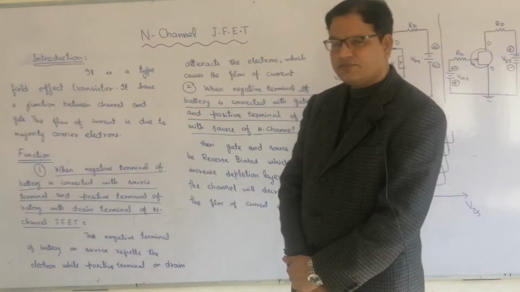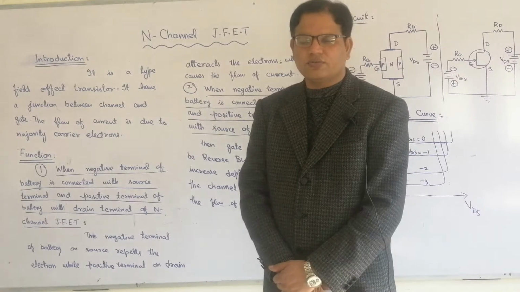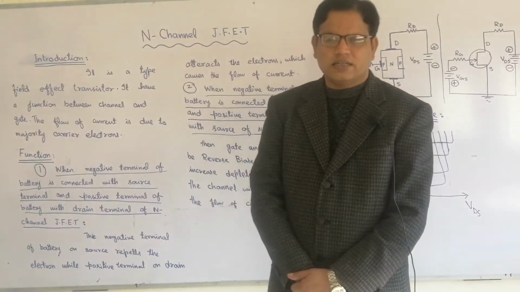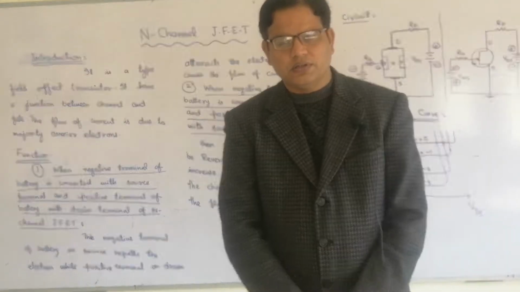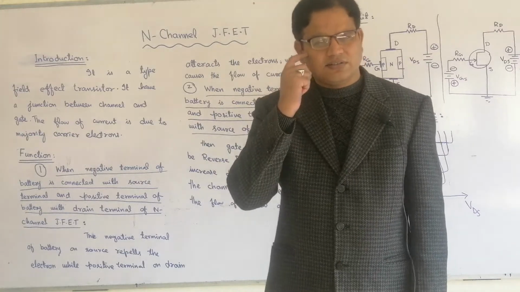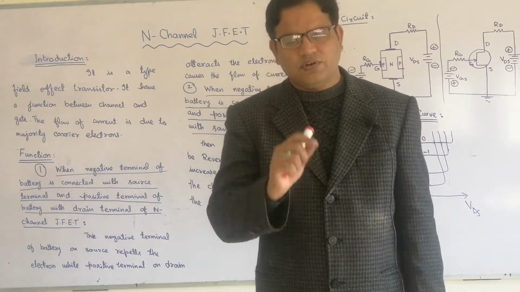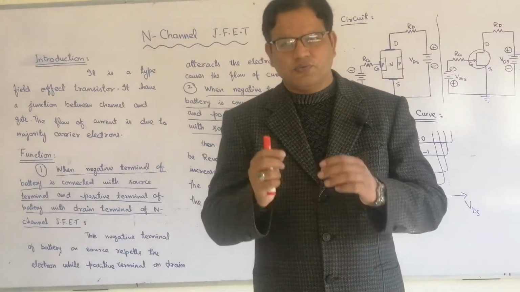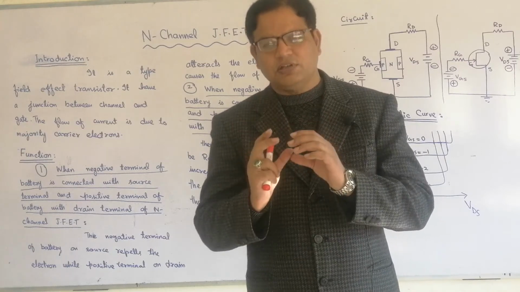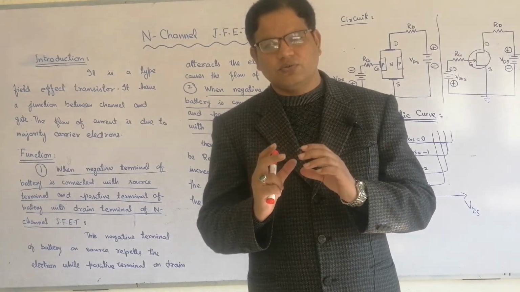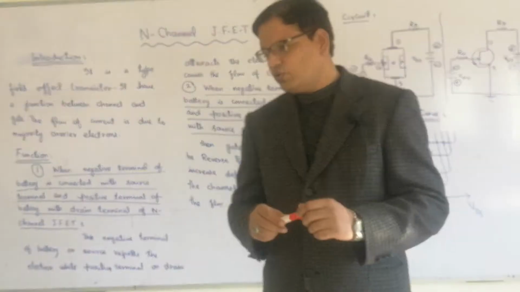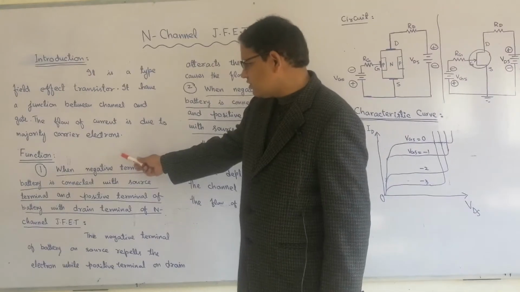What is its function? As I have discussed with you in the chapter of transistors, there is only one working principle, that we have to exchange the terminals of the battery according to the terminals. So, what is function number one?